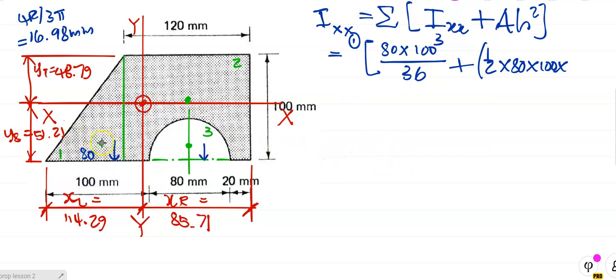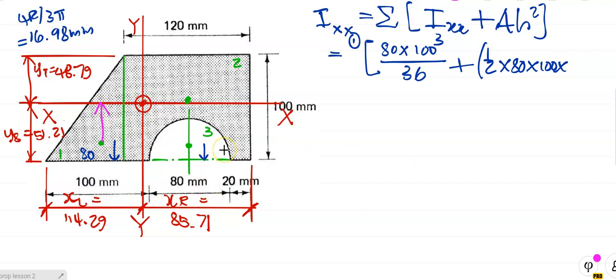What's h? H is the distance from the centroid of the element to the centroid of the whole cross section. And if you didn't quite work it out yet, whenever we're working with Ixx, h is the vertical distance between parallel, horizontal XX axes.